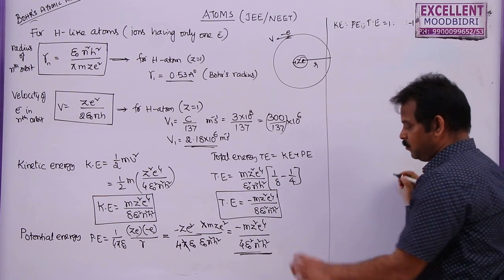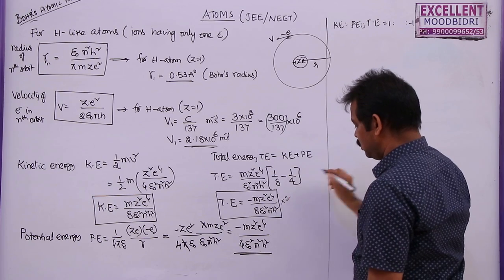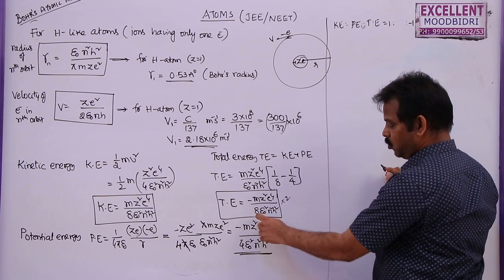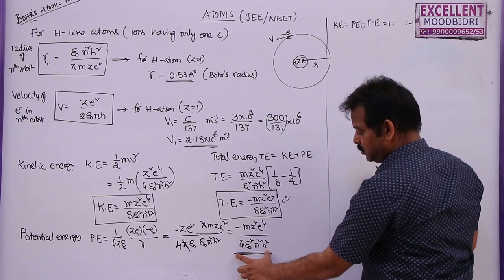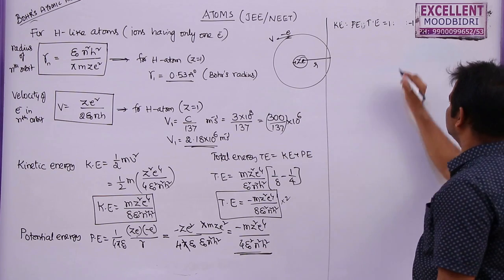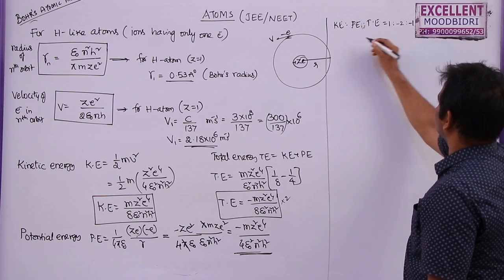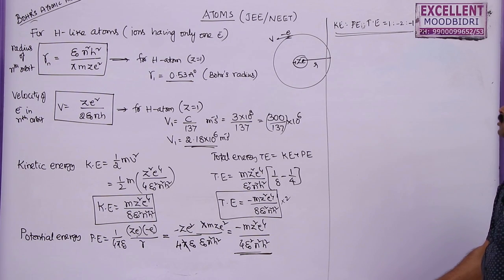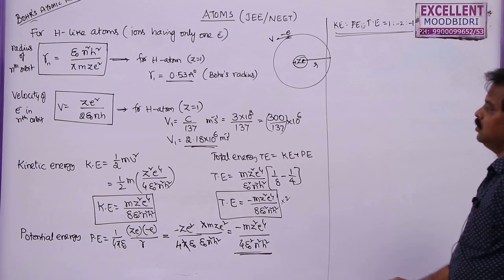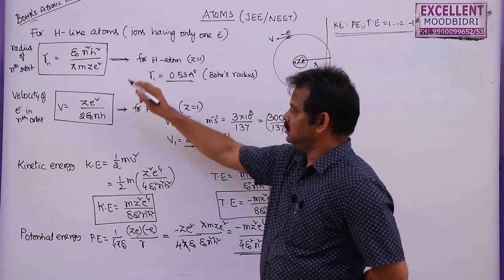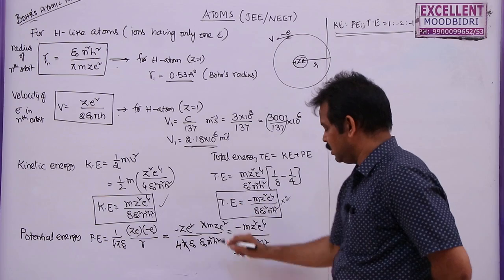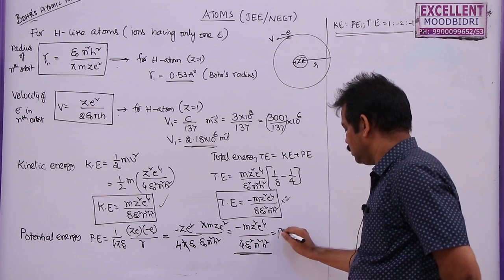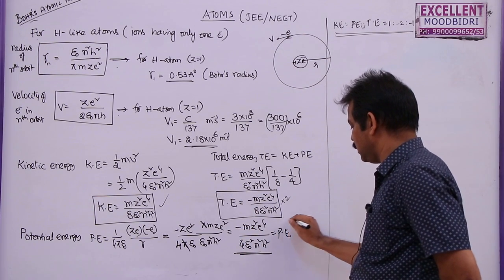And if you multiply this with 2, the minus remains as it is, and this is nothing but the potential energy. So this is minus 2. This is the ratio of the kinetic energy, potential energy and total energy of an electron that is revolving in an orbit. So now we found the radius, velocity, kinetic energy and potential energy of the electron.